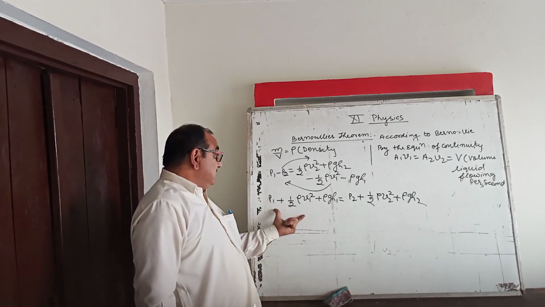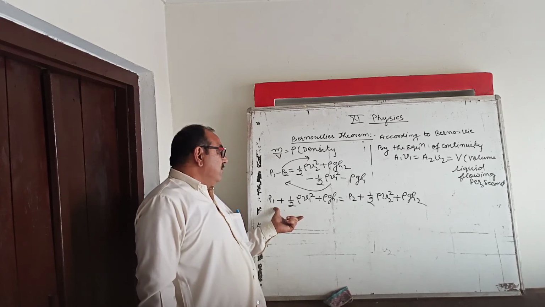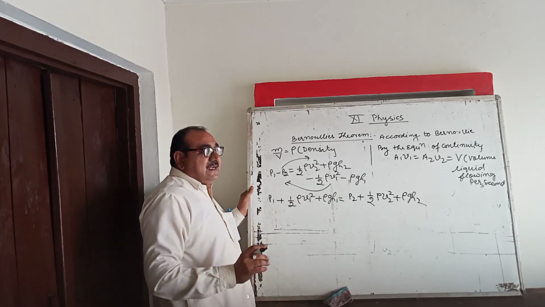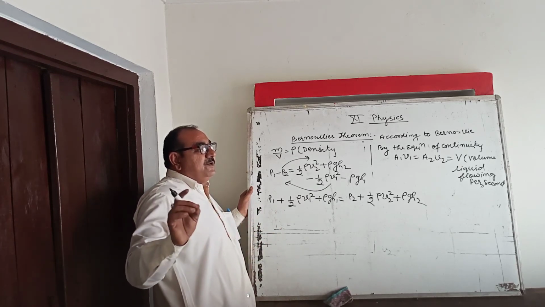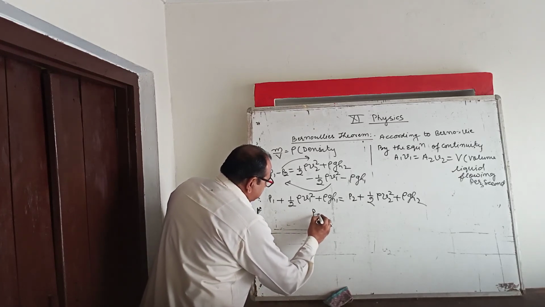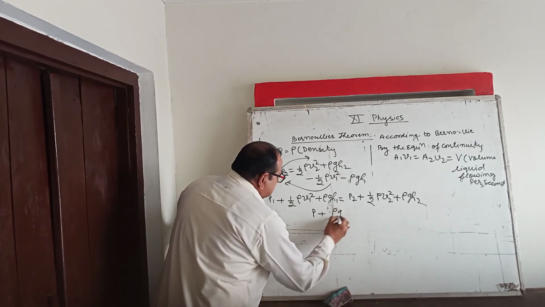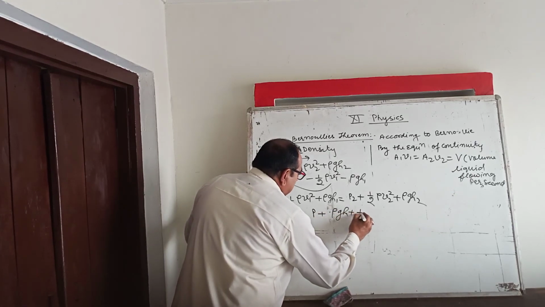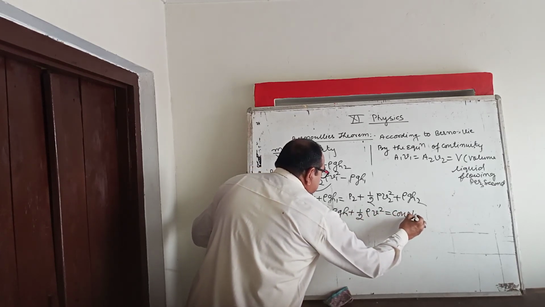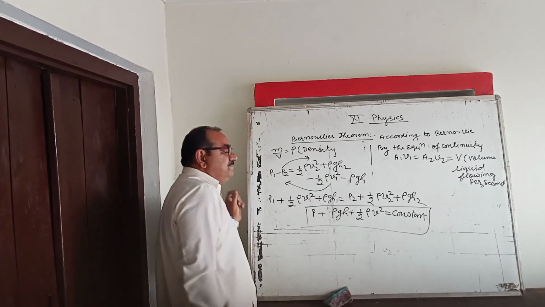This is the total energy which the liquid possesses per unit of its volume. So when you get an equation like this, P1 something equal to P2 something, then that thing is constant. So I can write P plus rho g h plus half rho v square equal to constant. This is your proof of Bernoulli theorem.